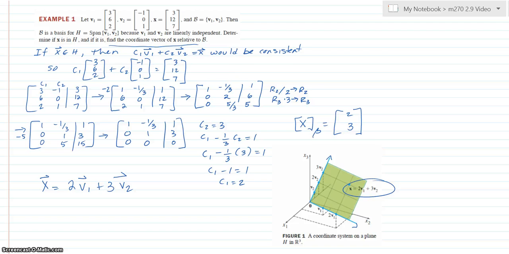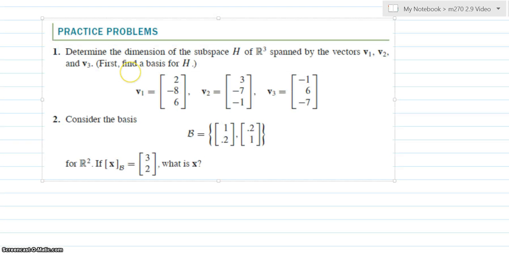So let's look at a practice problem. The first one actually comes from the last video. Determine the dimension of a subspace H of R3 spanned by the vectors V1, V2, and V3. And they give you a hint there to find the basis. And then 2 is what we just did. Consider the following basis for R2.